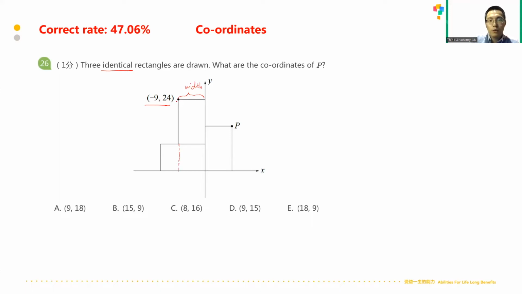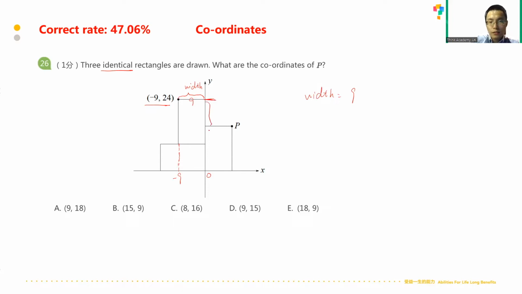If the x coordinate of this point is -9, then it means that this point right here is -9. So that means, this is 0, this is -9. The width will definitely be 9. Okay, I'll write it here. Width is 9.